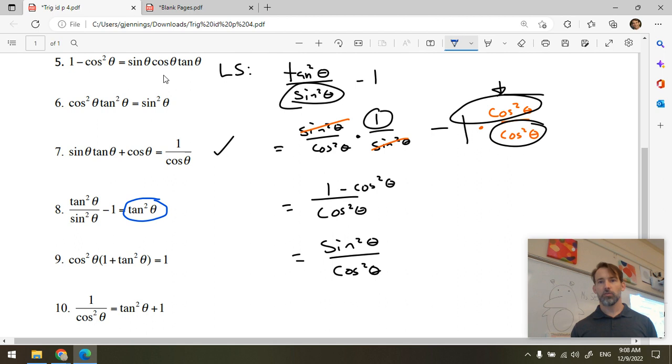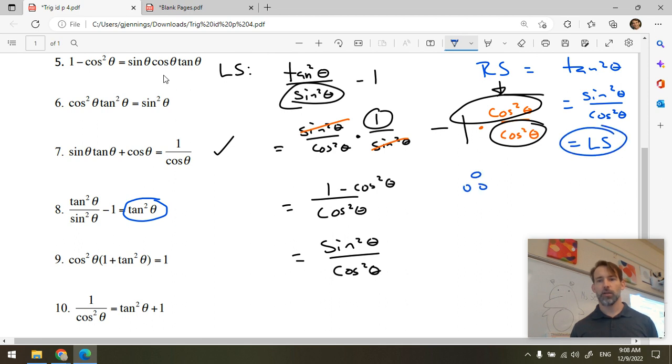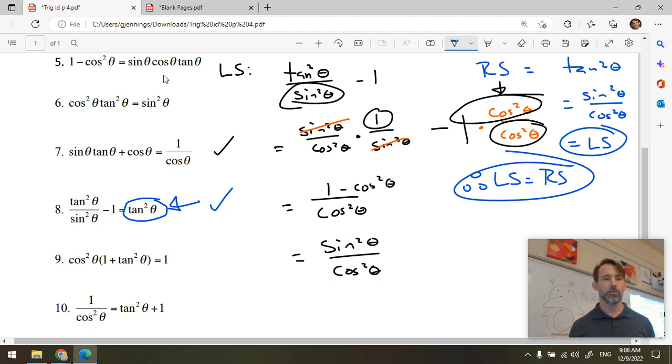So the right side is equal to tan squared theta, and I can write tan squared theta as sine squared theta over cos squared theta. And then I say, well, that equals what I found the left side to be. So therefore, left side equals right side for this one. Done.